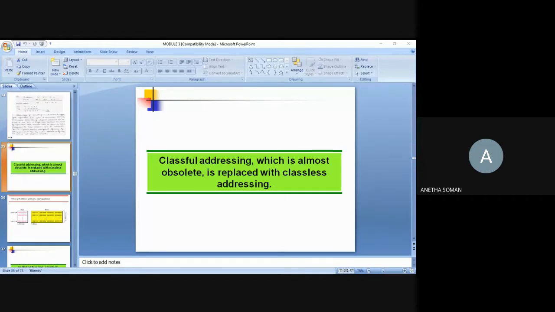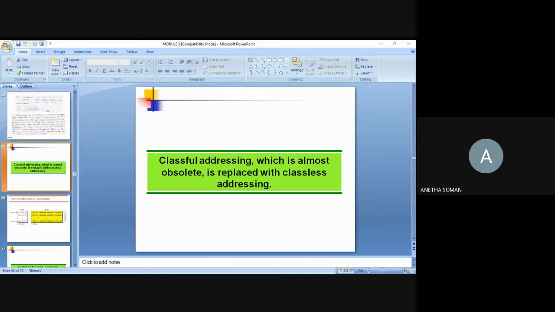Now today you will be learning about classless addressing. I have pointed out the two problems associated with classful addressing. When we were considering class C addresses, was that sufficient for an organization? You were provided with only 256 addresses, which did not satisfy the needs of an organization.